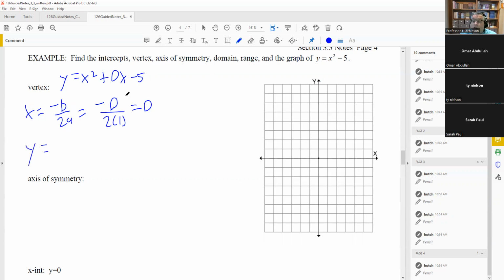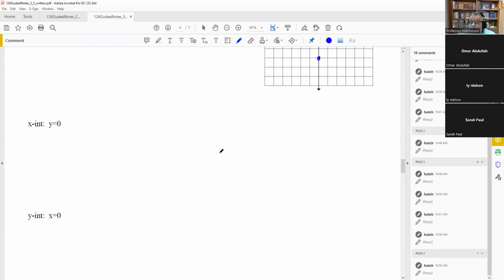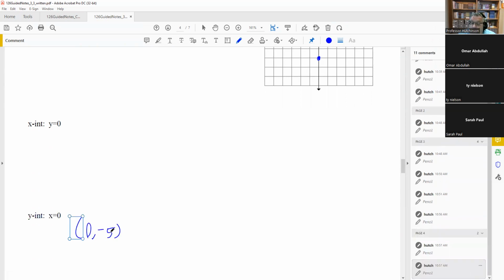Now we're going to find the y value by putting 0 back into the original equation. So I'm going to get y equals -5. So the vertex would be 0, -5, which also just so happens to be your y-intercept as well, as we see that dot right there is on the y-axis. So down here, I can just automatically put 0, -5 for the y-intercept.